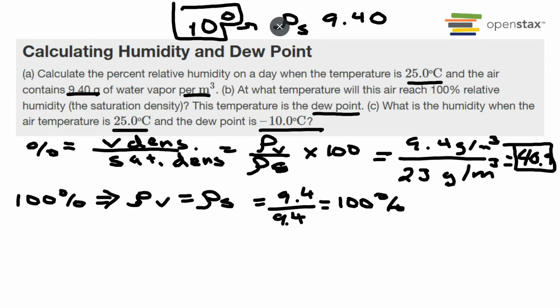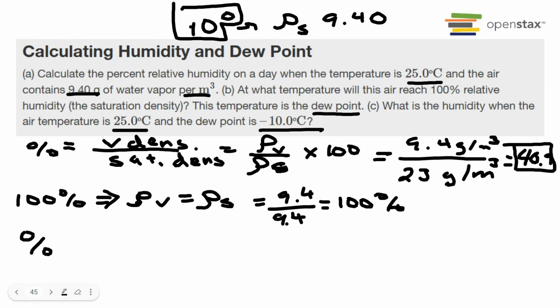And then for part C, it says, what is the humidity when the temperature is 25 degrees Celsius and the dew point is -10? All right, so again, we have to go back. It's the same formula.